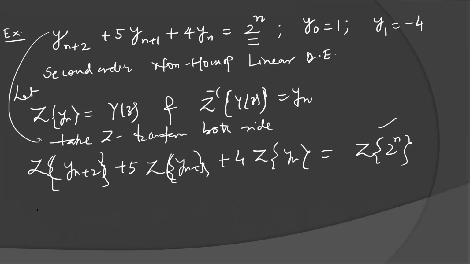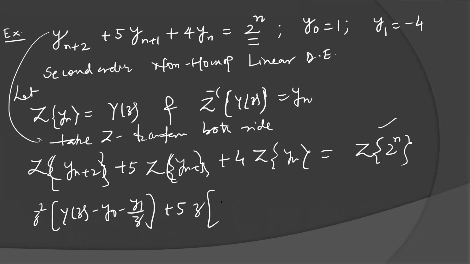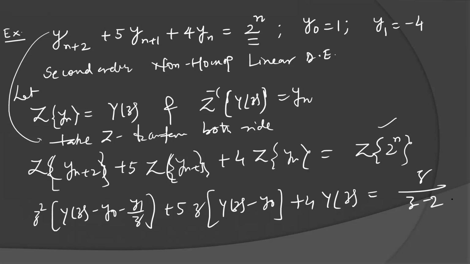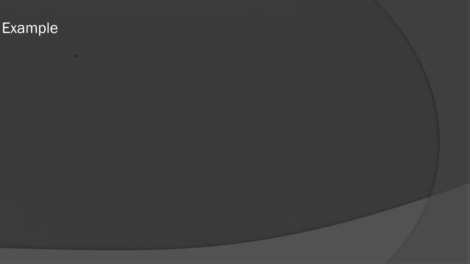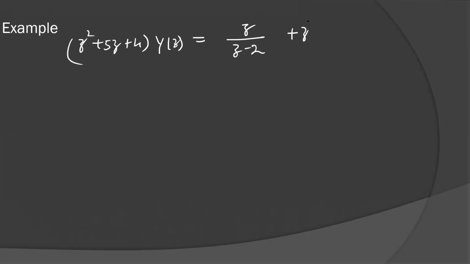So it will be z square Y(z) minus z square y0 minus z y1, plus 5z Y(z) minus 5z y0, plus 4Y(z) equal to z over z minus 2. You know the formula of the Z transformation of a to the power n. Now put the value of y0 and y1, and you will get z square plus 5z plus 4 times Y(z) equal to z over z minus 2 plus z square plus z.